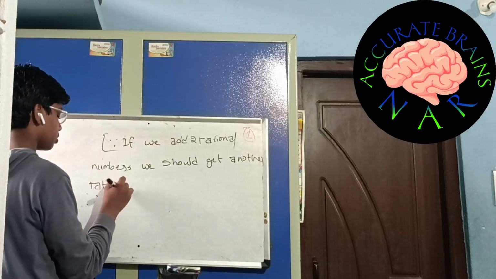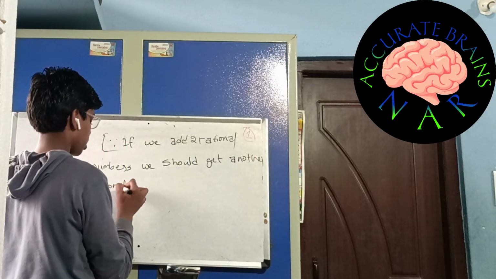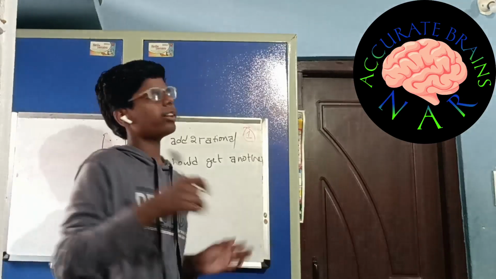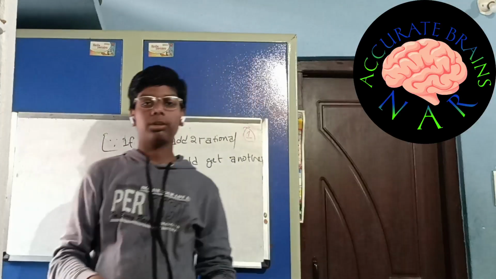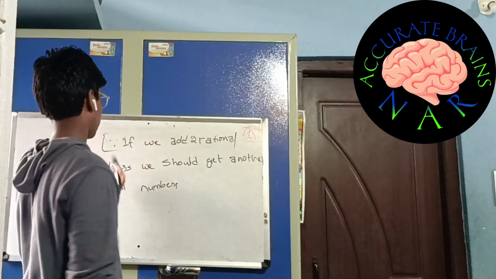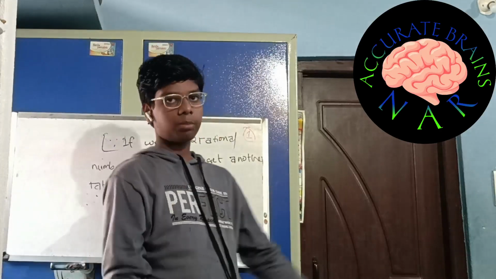As I told you in the addition of rational numbers, okay, I'm losing my energy. So, refill, so that accurate brains don't fall asleep. Here, if we add two rational numbers, we should get another rational number.